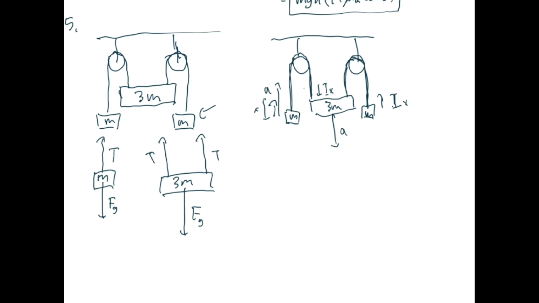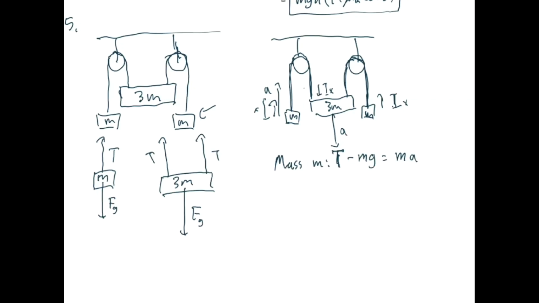So if we just continue with our F equals ma equations for the mass m, what's the net force on it? Well, there's T upwards and mg downwards, and this is equal to ma.